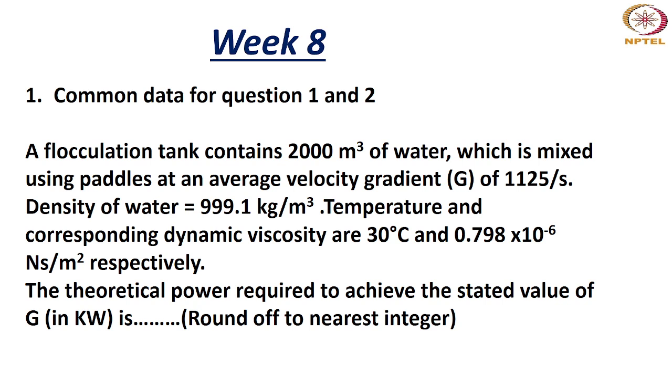Temperature and the corresponding dynamic viscosity at 30 degrees centigrade is given as 0.798 into 10 to the minus 6 newton second per meter square. So we have to calculate the theoretical power required if we want to achieve the G value as stated. The unit will be in kilowatt.